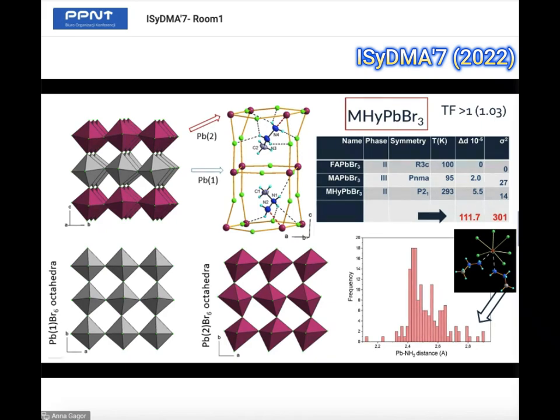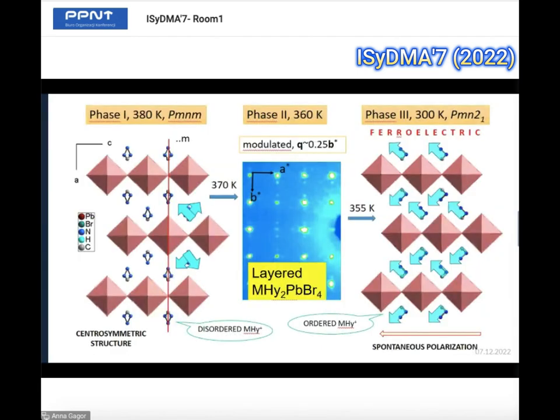But what will happen if we change one of these distorted layers? If by changing the conditions of synthesis and the stoichiometry we just exclude it from the structure, then we may obtain another material which has different stoichiometry.